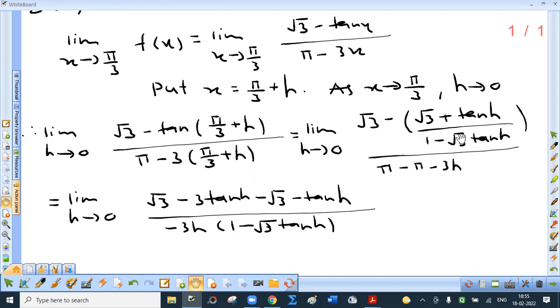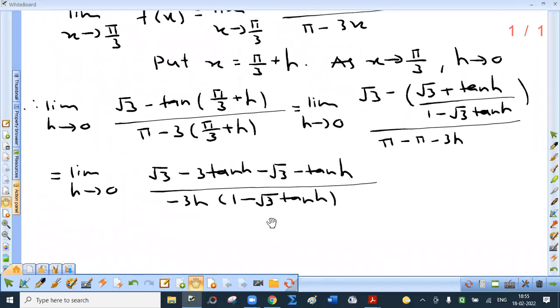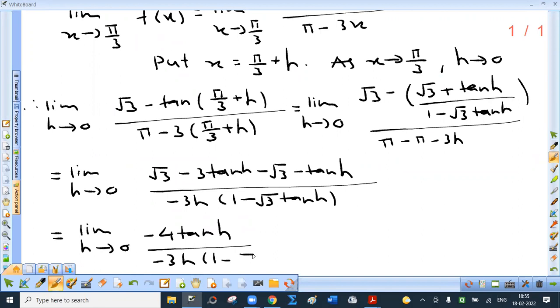Root 3 minus 3 tan h minus root 3 minus tan h. So denominator is minus 3h. This goes to denominator only. So the next step, this is limit h tends to 0 minus 4 tan h upon minus 3h into 1 minus root 3 tan h.